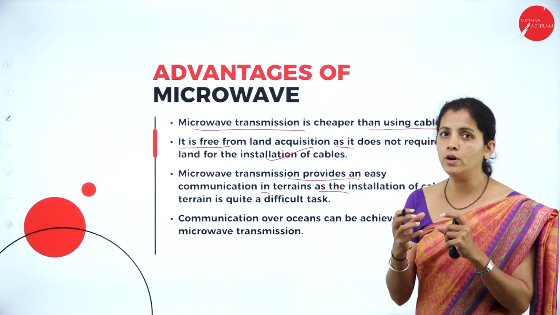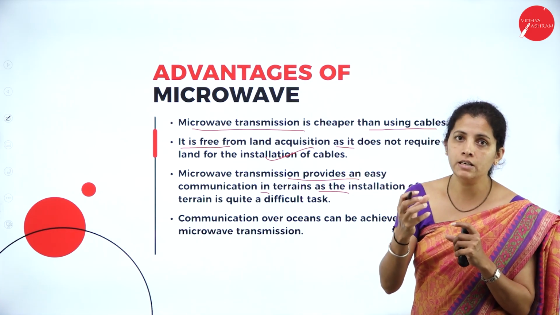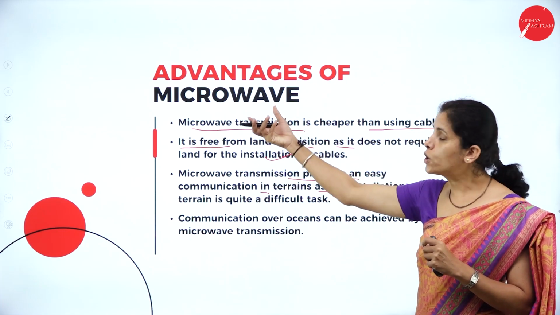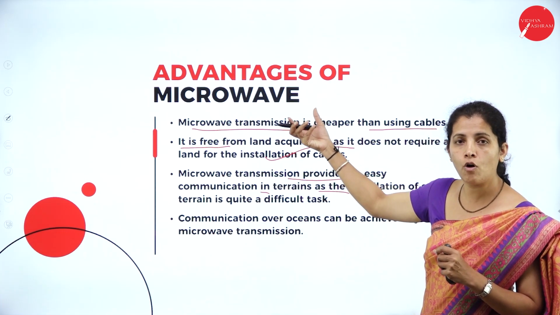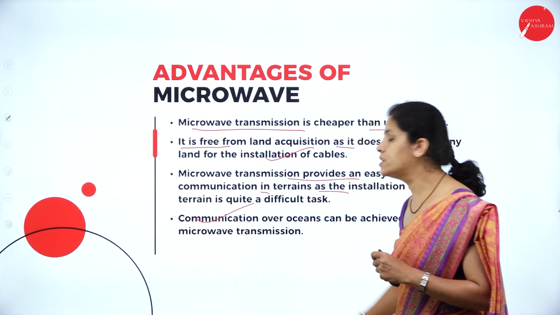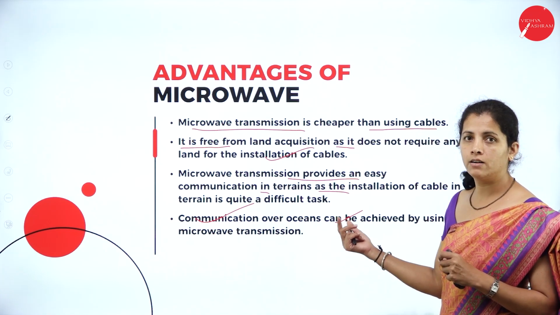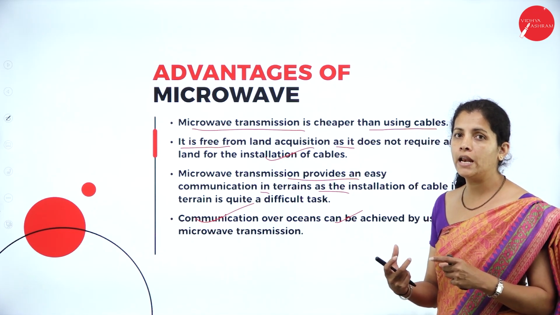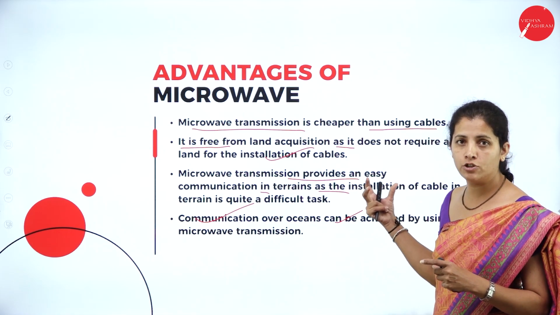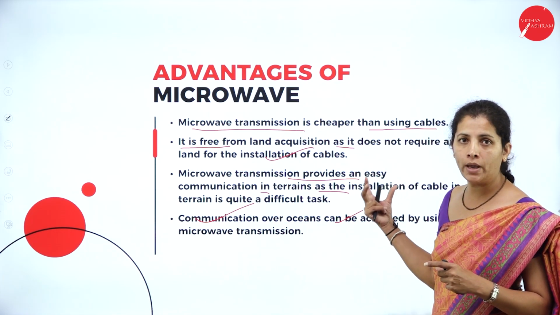Even I can cover the range throughout the world. Microwaves are responsible for covering longer distance. Communication over ocean can be achieved. It does not require any physical cable installation, because we are using electromagnetic waves.